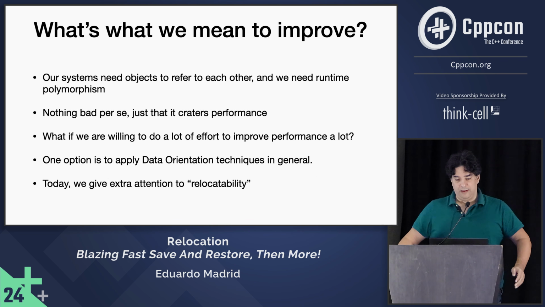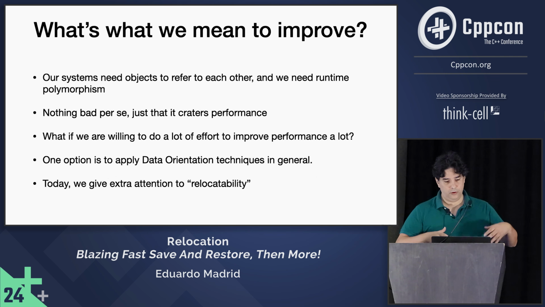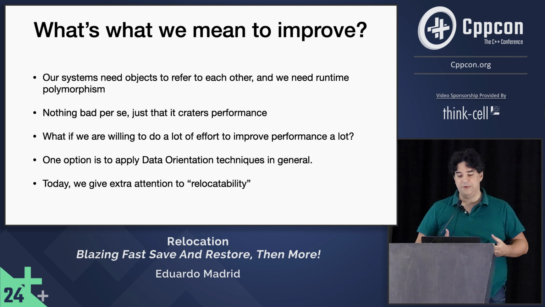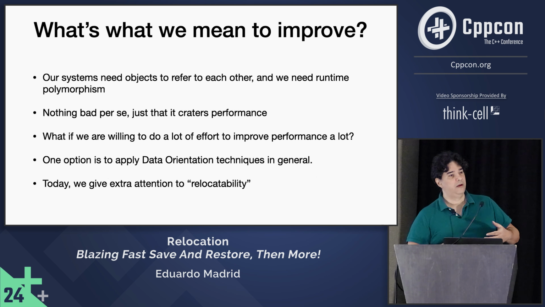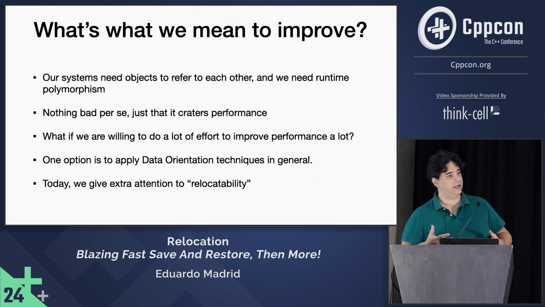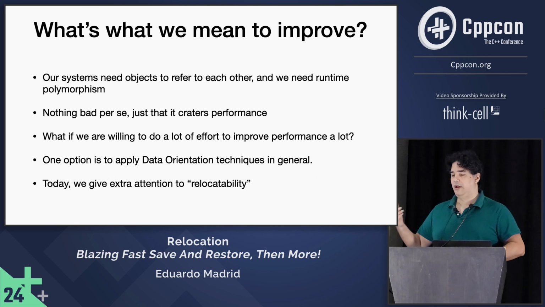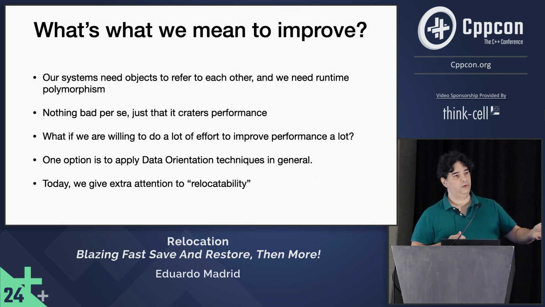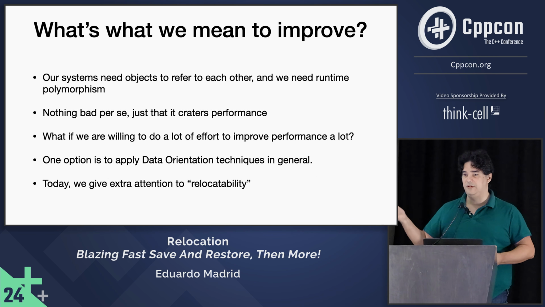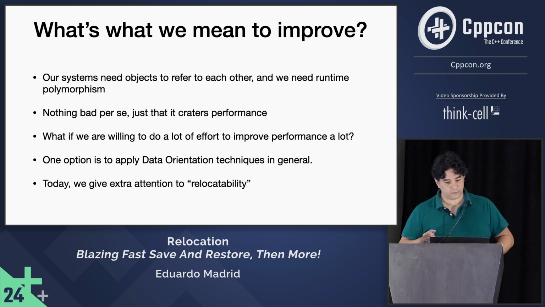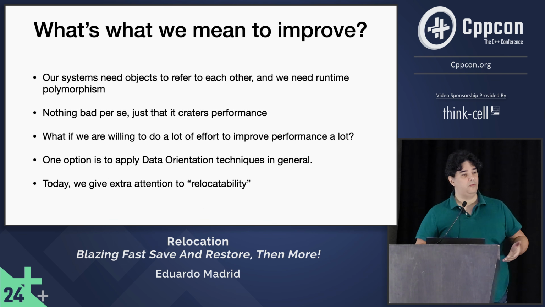Any non-trivial system will need to have objects that refer to each other using pointers in particular, and we need runtime polymorphism, like you have a base class and derived classes, and you want to substitute objects whose true type is of a derived class, while you are controlling them through pointers or references to a base class. Those things have nothing bad per se. This is the way that we normally do work in C++.